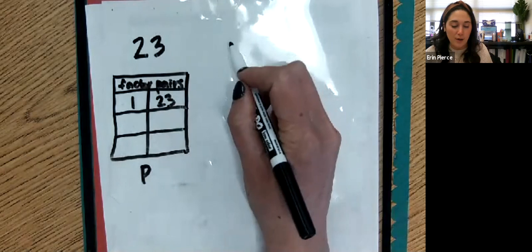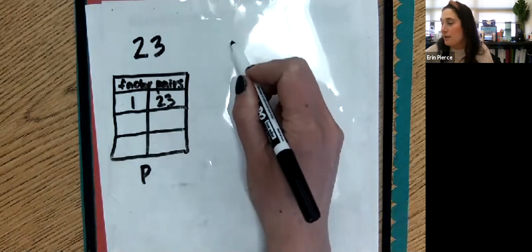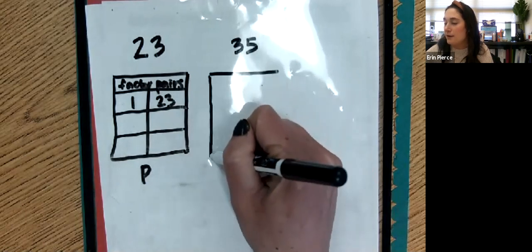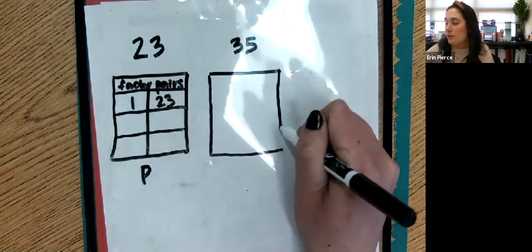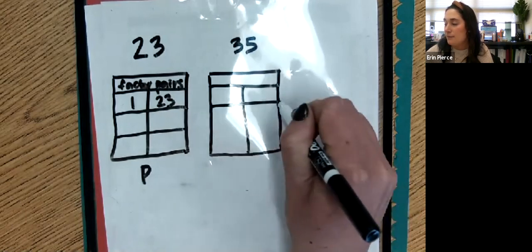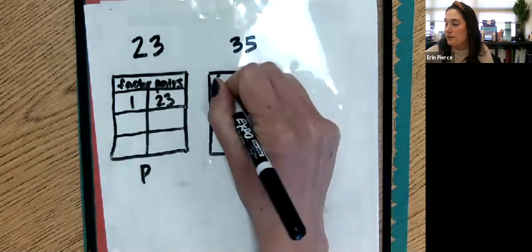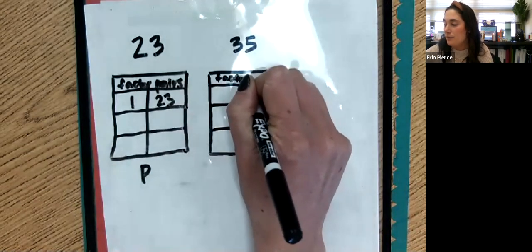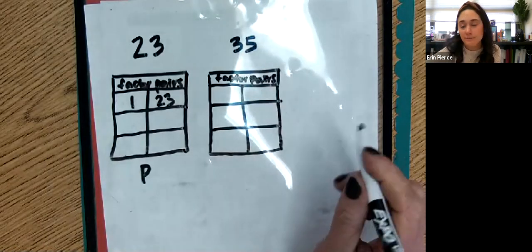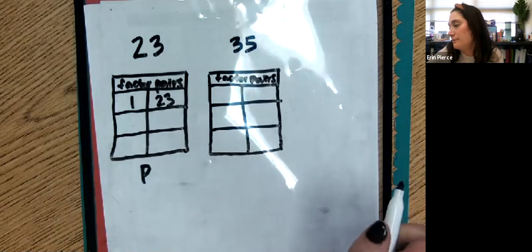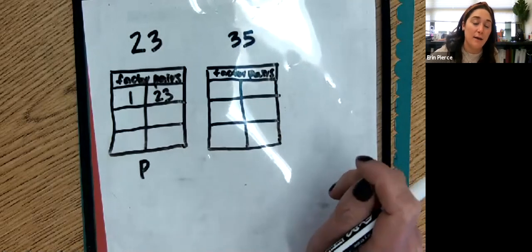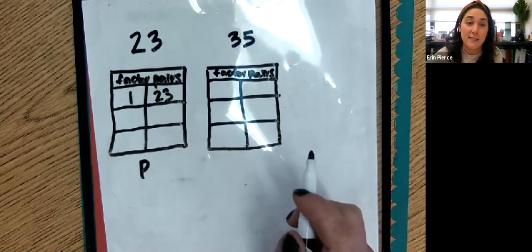We have another number. Let's say 35. What are all the factor pairs we know for 35? For 35, Mason. 6 times 5. 5 is a factor, 6 is not.